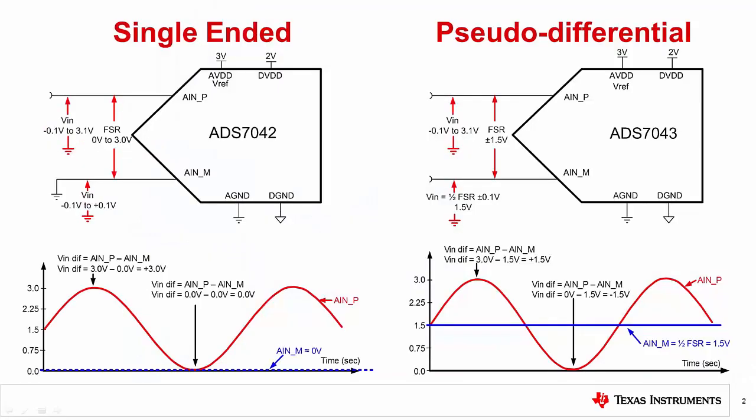This slide shows two very common input configurations for SAR data converters, single-ended and pseudo-differential. The single-ended input measures an input signal with respect to ground. In the case shown, the input is applied to ANP and ANM is a ground sense. Sometimes the ground sense is internally connected and only one input pin will be available.